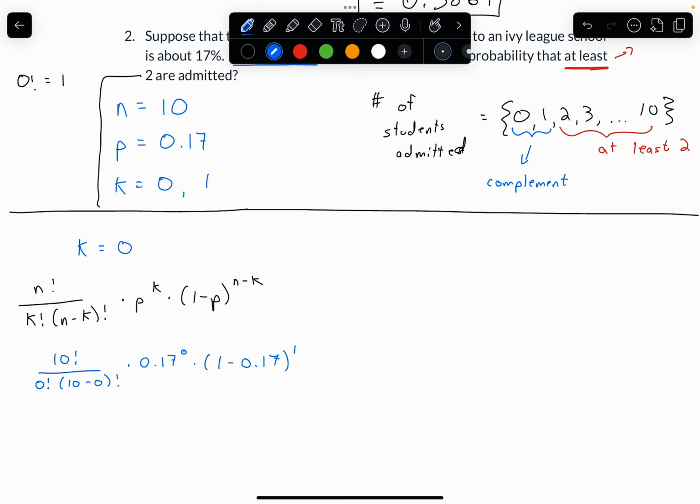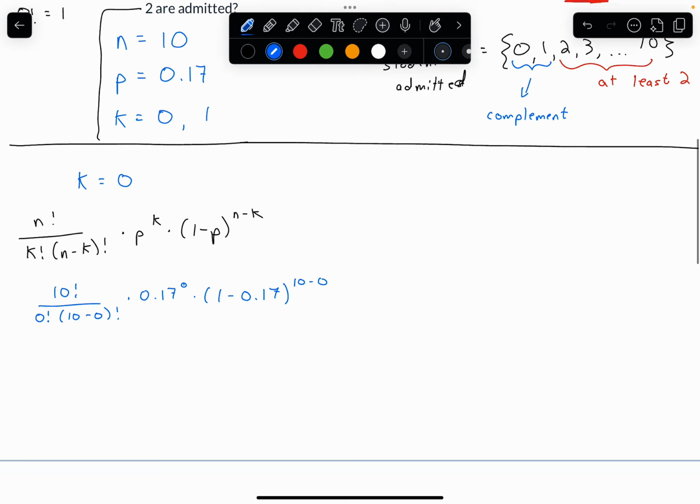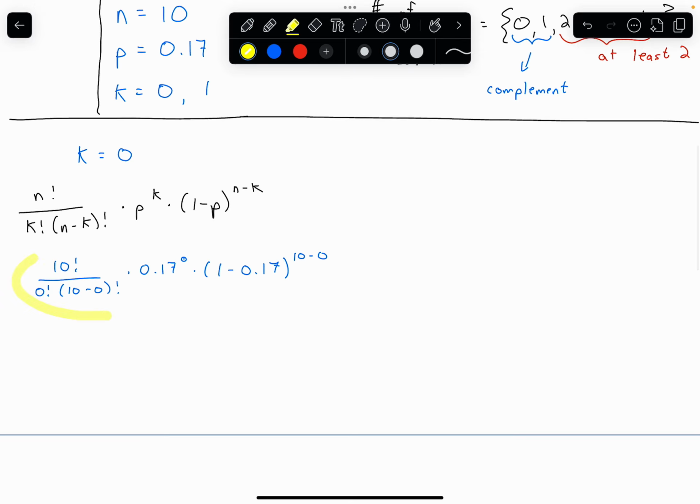That's going to be 10 minus 0. So again, I'm going to spend most of my time thinking about this choose function and focused on that right now. And this actually simplifies really nicely, because 10 minus 0 is just 10 factorial. So what I really end up with is 10 factorial divided by 0 factorial, which is 1, times 10 factorial.